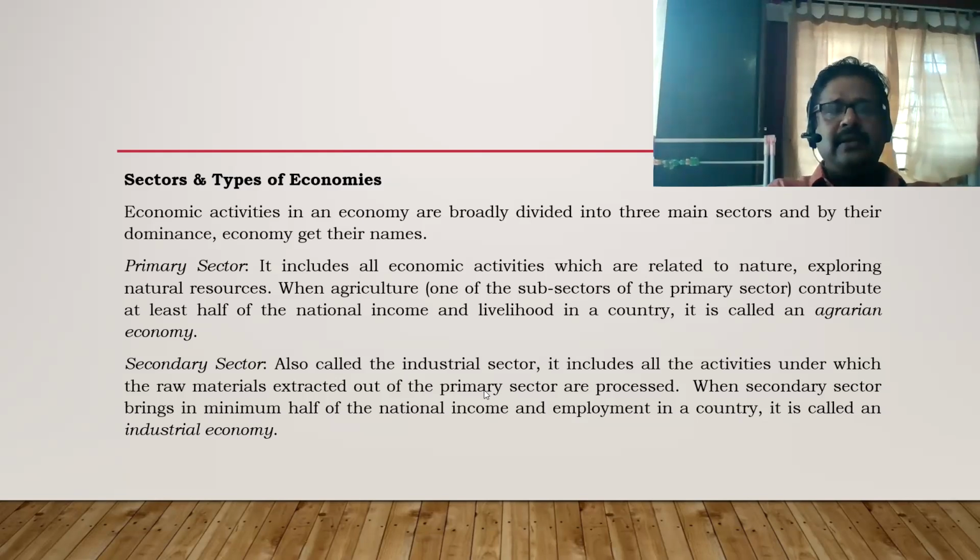So any industry which we see in the secondary sector has to depend on primary sector for the raw materials. Iron and steel industry: the raw material of iron and steel industry is iron ore, and they also need coal to melt iron ore. And iron ore and coal are mined from the earth, and it is from the primary sector that iron and steel industry gets its raw materials.